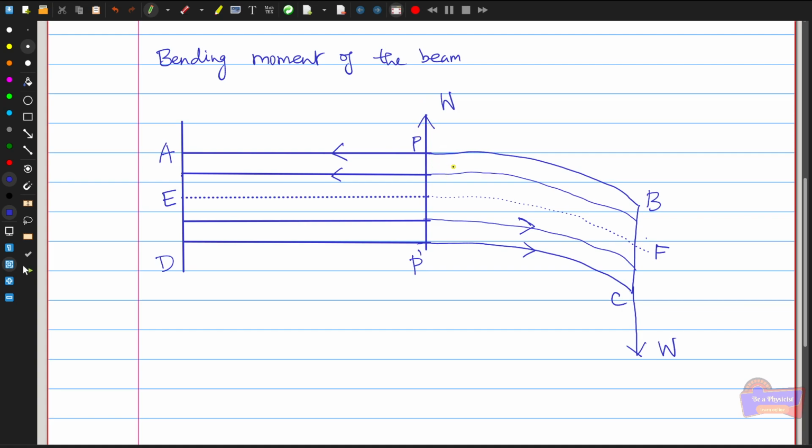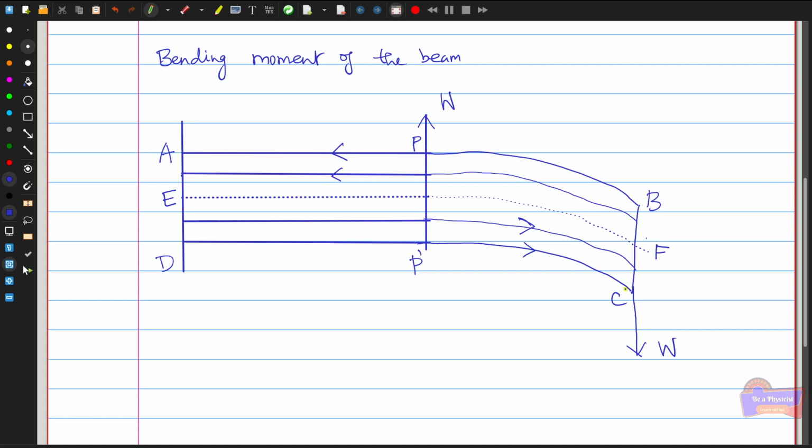Since the beam is fixed at A and D, suppose if it is not fixed, then when you apply a force, the beam tries to make a rotational motion. Since the other end is fixed, a couple is produced in the beam. This couple, due to these two equal and opposite forces, tends to rotate or bend the beam in a clockwise direction.